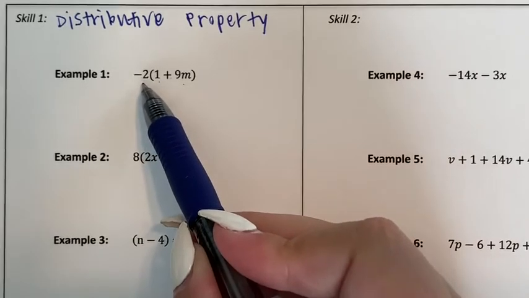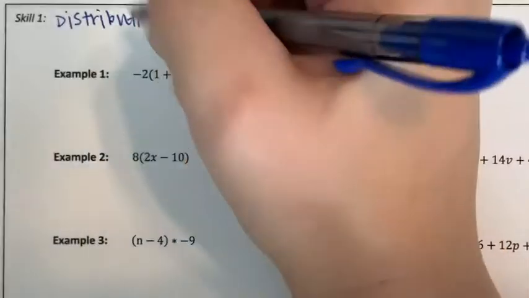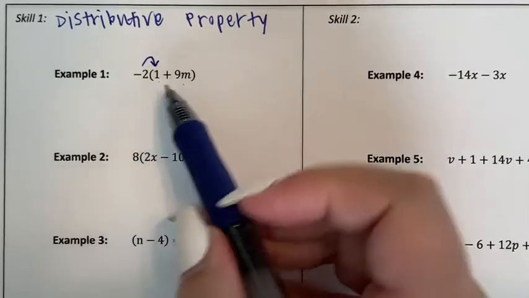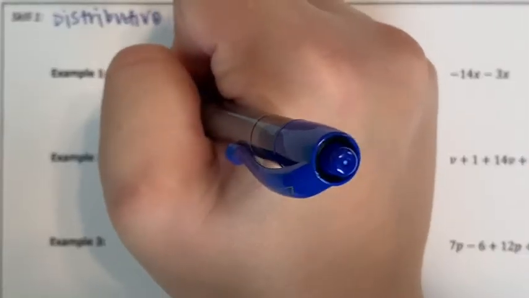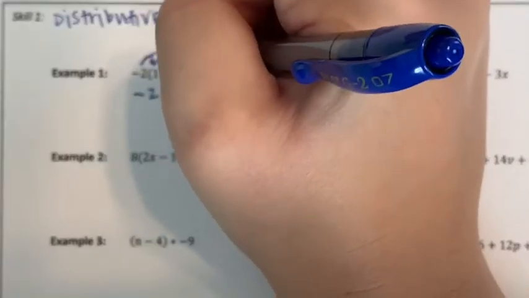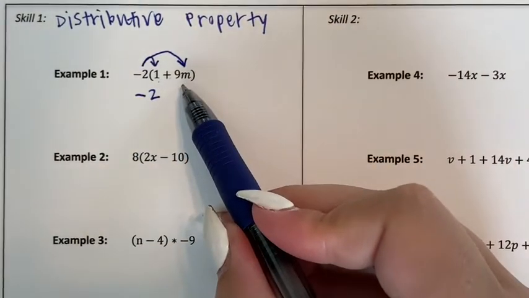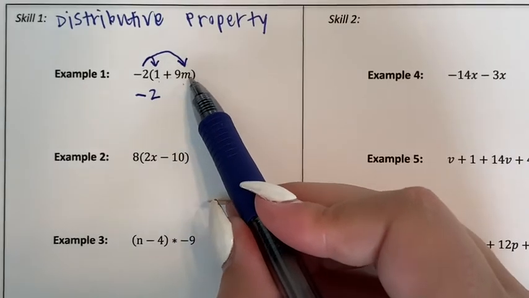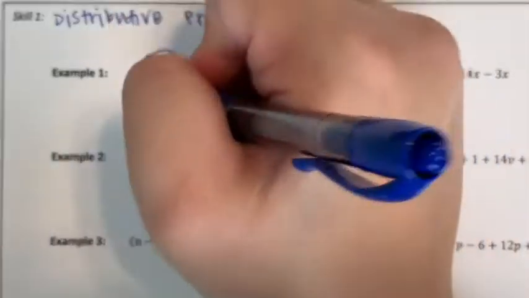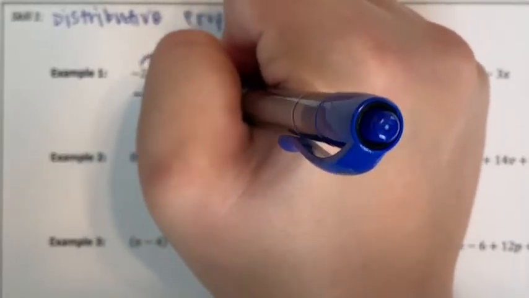So what we need to do is distribute this -2 to multiply it by the 1. -2 times 1 gives me -2. And I also have to distribute the -2 to the second term, which is 9m. -2 times 9m gives me -18m.